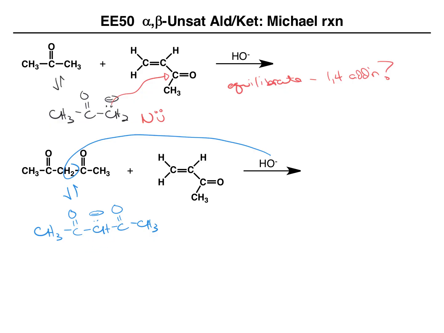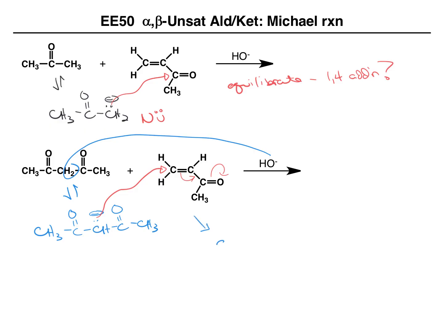So a weaker base is more likely to be able to equilibrate from the 1,2 to the 1,4 addition. And that's what's observed. So yes, it will go through 1,2, but we're going to focus on when it equilibrates and we get the 1,4 addition. So these electrons can add here, pushing these electrons between the other carbon, pushing these electrons onto the oxygen.